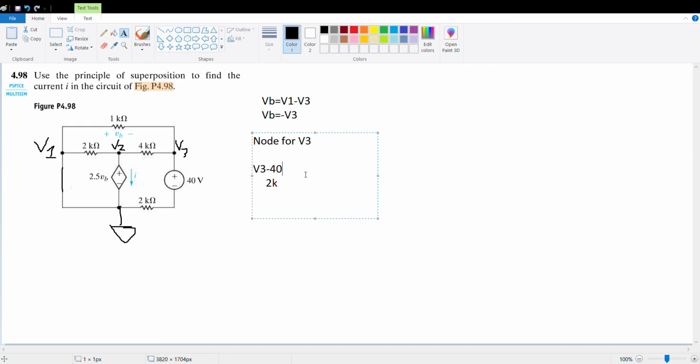We also have the current leaving V3 going to node V2, which comes out to be V3 minus V2 over 4 kilo ohms.